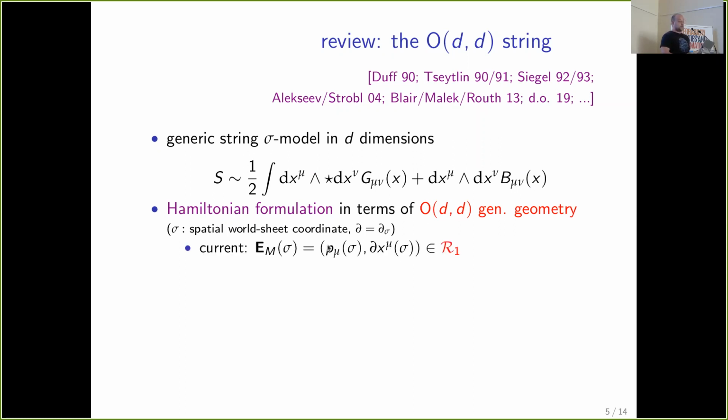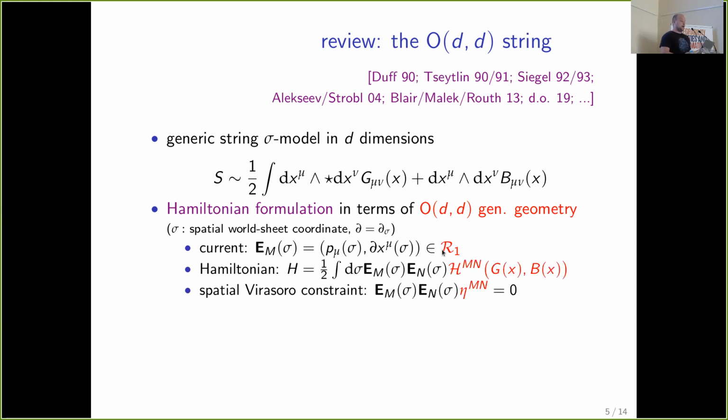So first of all, it turns out that we look at this current. So this P is just the canonical momentum corresponding to this Lagrangian. The X are the embedding fields. And this current, if we combine the momentum and the spatial derivative, has this big M index, which is the R1 representation of ODD. And then it turns out, in terms of this current, we can rewrite the Hamiltonian as the generalized metric times these currents.